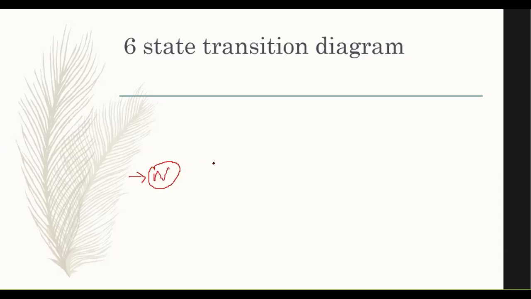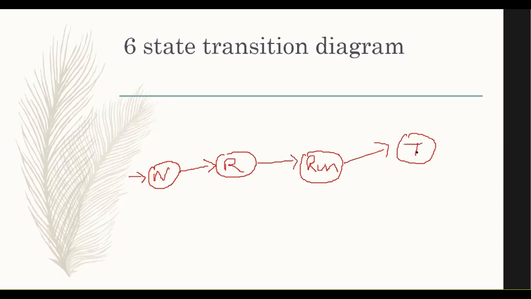From the new state, my process will move into the ready state. From ready, the process is moving into the running state. From running, it gets terminated, or it will move to the waiting state. Now from waiting, we had moved our arrow into the running state.